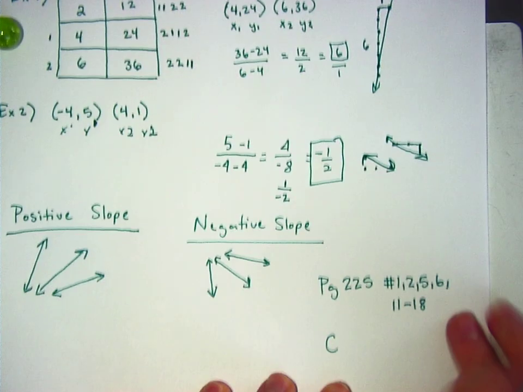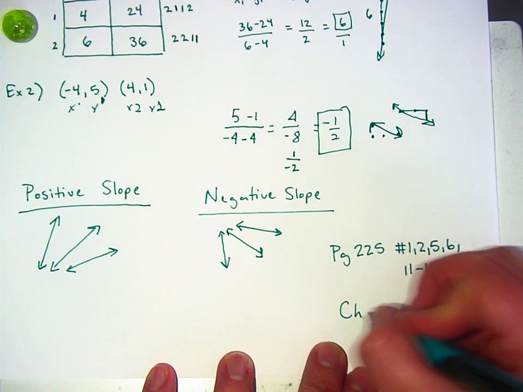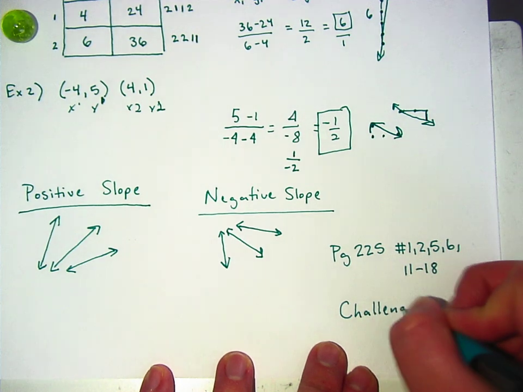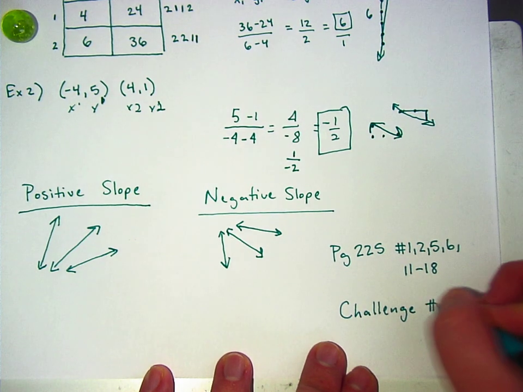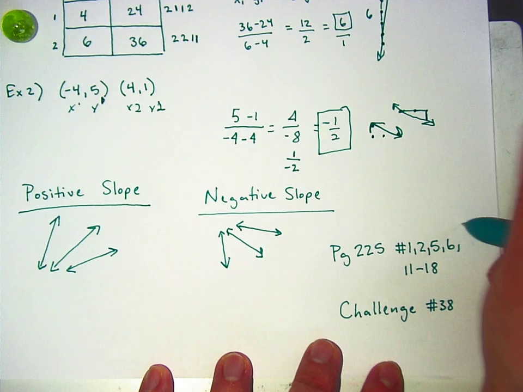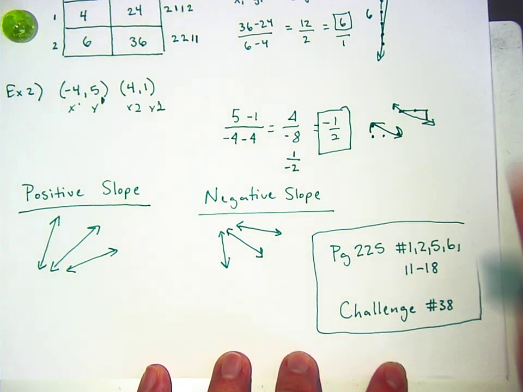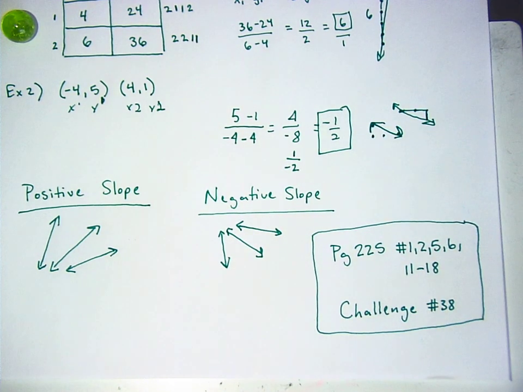And then I'm going to add a challenge question. I don't think we've done this before, have we? Okay, a challenge question is not required for the homework. You do not have to do it. However, I will ask for somebody who wants to volunteer to do the challenge problem for us. I'll tell you if you get it right.